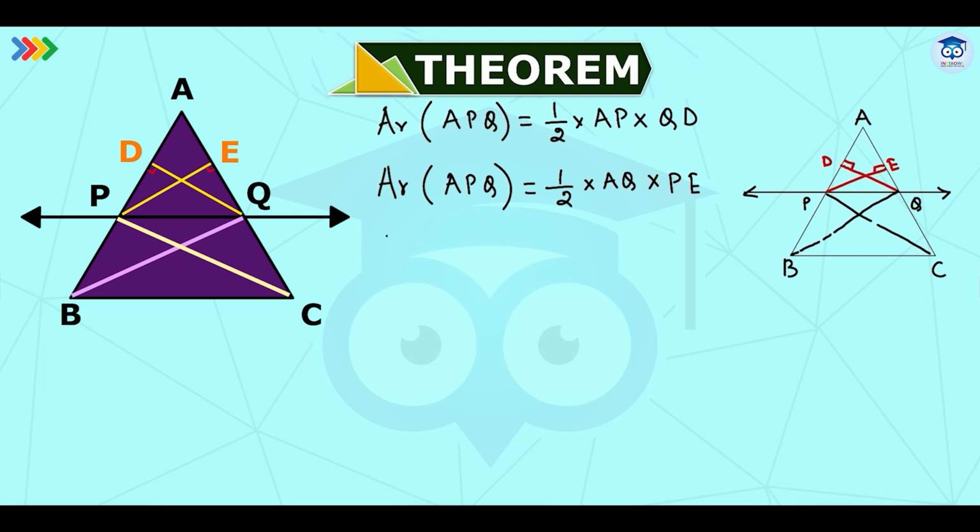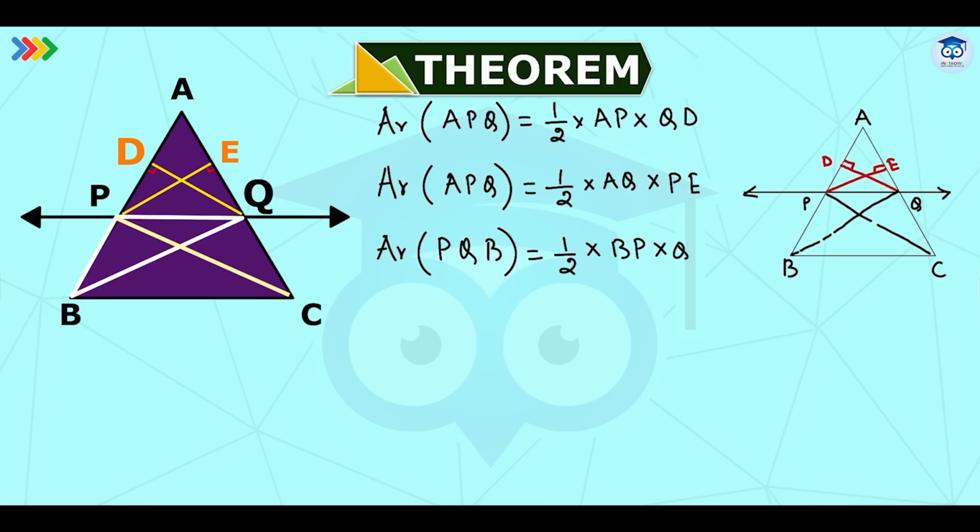So therefore the area of this triangle PQB will be equal to half of BP, the base, into this height, QD.